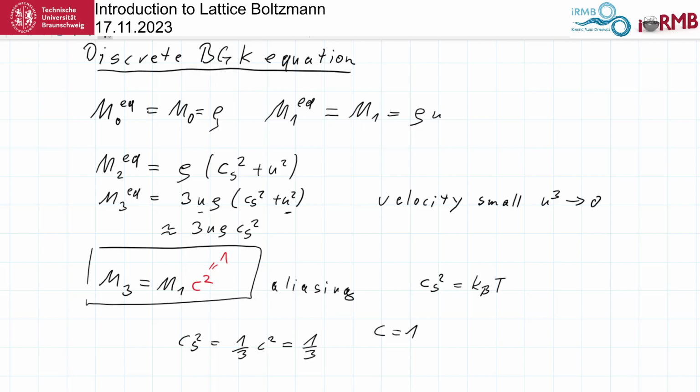This means that the speed of sound squared would be 1 over 3, technically with a c squared behind this. And if you define the speed of sound like this, then your moment will have the right value, right? So that's all that we need to do.